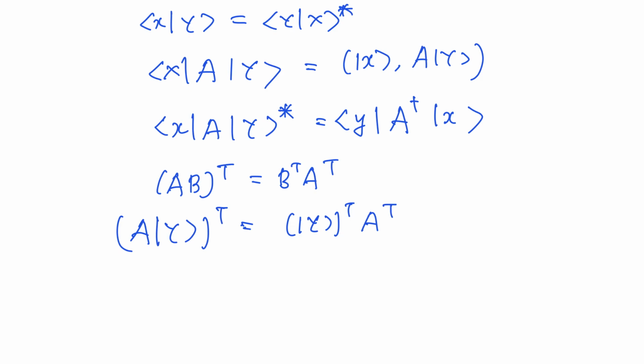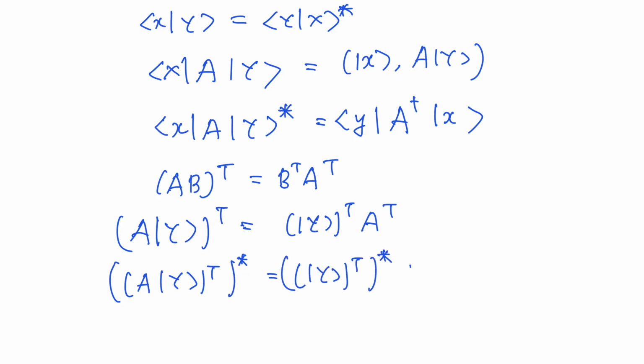And when you take the complex conjugate, y transpose complex conjugate, A transpose complex conjugate, and the transpose of a vector with the complex conjugate is a bra vector, right?